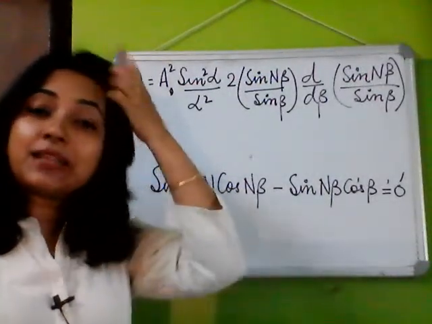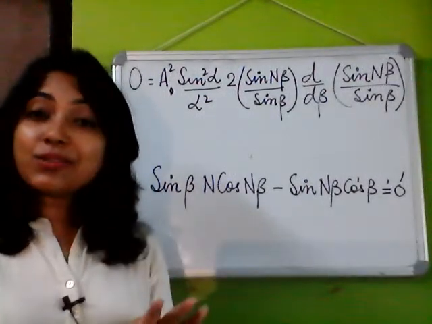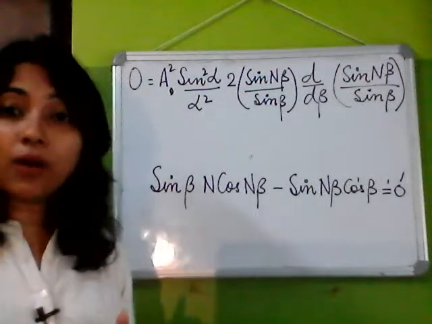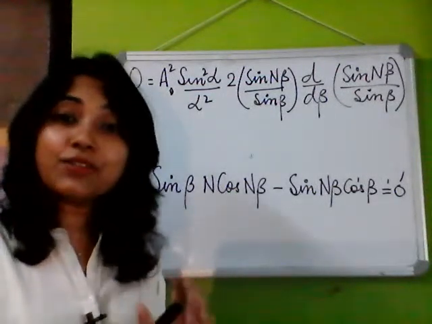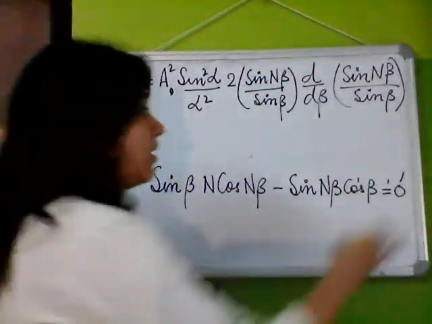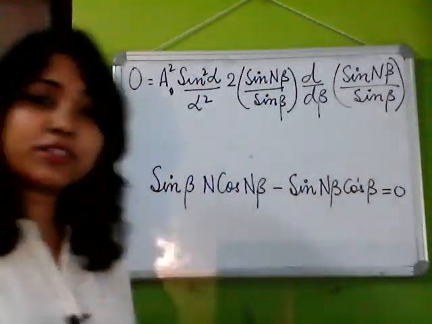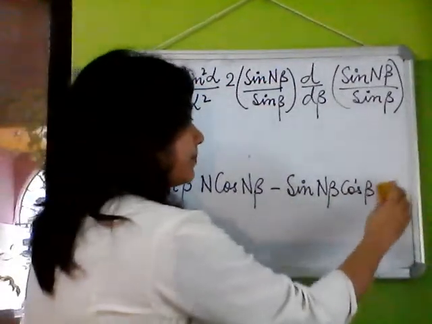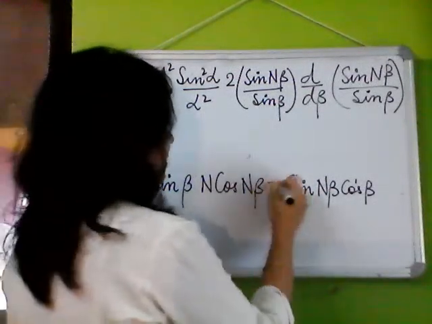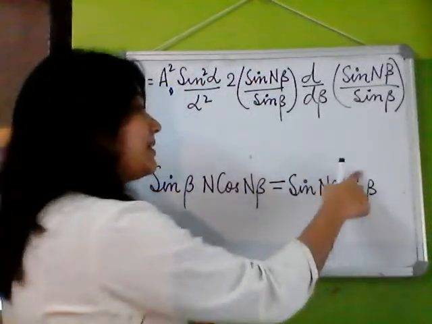Either sine n beta equal to 0 was the condition for minimas, sine beta equal to 0 was the condition for primary maximas. And since we are now trying to find out the condition for secondary maximas, only this quantity equal to 0 is allowed for us. Now, if this is true, I hope we can write this as sine beta into n into cos n beta is equal to sine n beta cos beta.